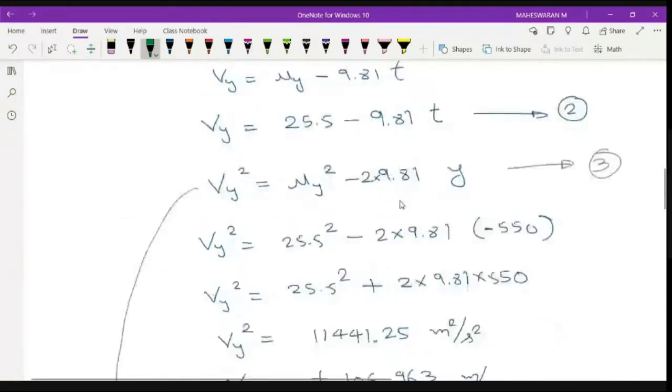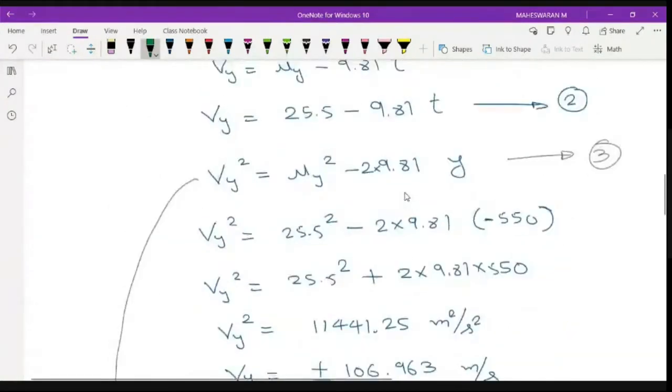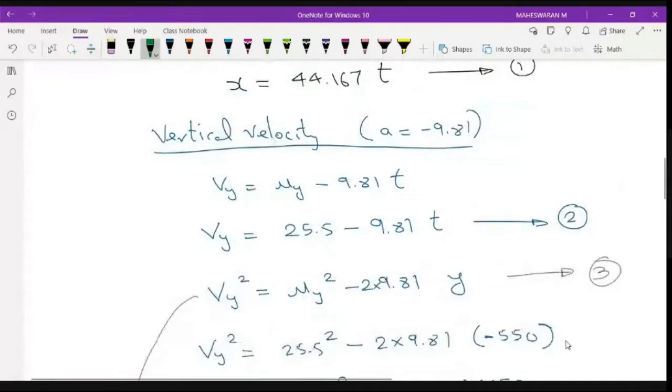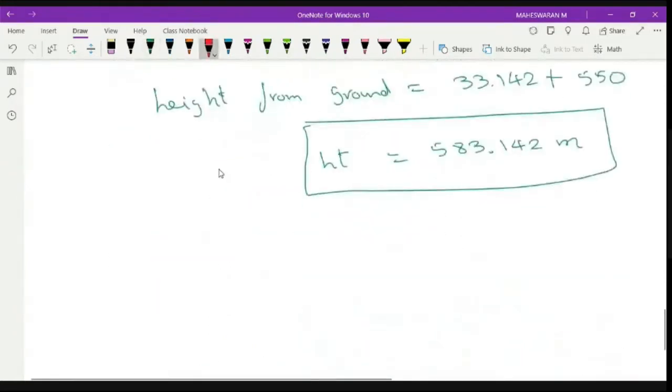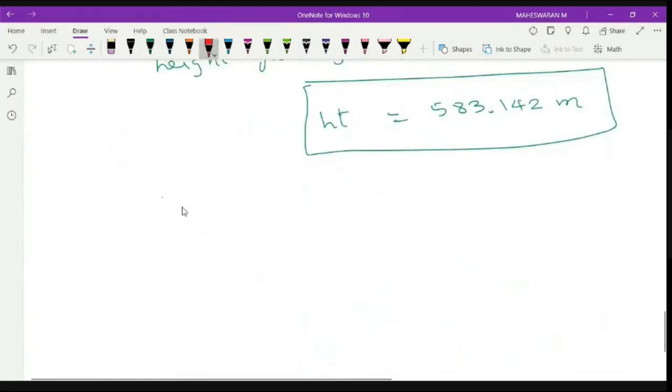Up to now, you can see that in the vertical velocity I have not used the third equation, s is equal to ut plus half at square. I have used the first equation, v is equal to u plus at, and the second equation, v square is equal to u square plus 2as. Let me use the third equation now, s is equal to ut plus half at square.